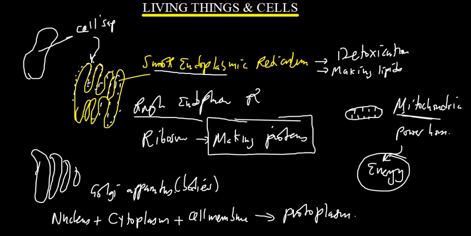And the vacuole is surrounded by a membrane, this membrane that you can see here. This membrane is known as a tonoplast. Let me write it well. Tonoplast. Okay, that is it. So that is a vacuole.